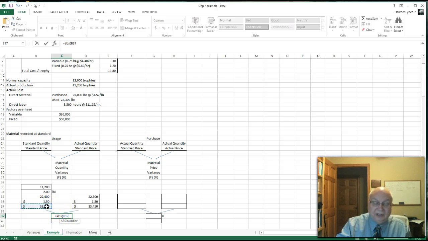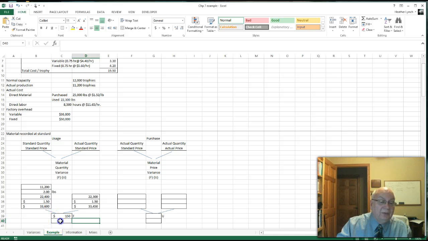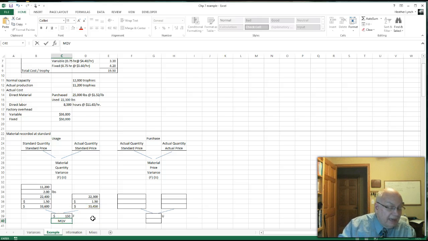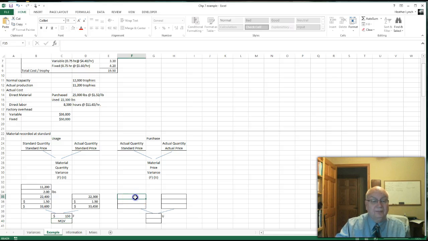We take 33,600 minus 33,450, and that will give us $150. Now you notice this one is smaller, so that one is favorable. And this box here was for me to label it MQV for material quantity variance, and that's $150 favorable. So we used $150 less than what we said we should have used.